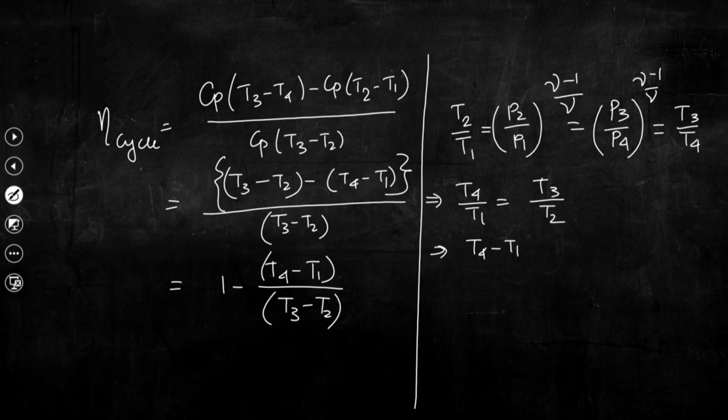If we just subtract 1 from both sides, then T4 minus T1 divided by T3 minus T2 should be equal to T1 by T2, simply T1 by T2.